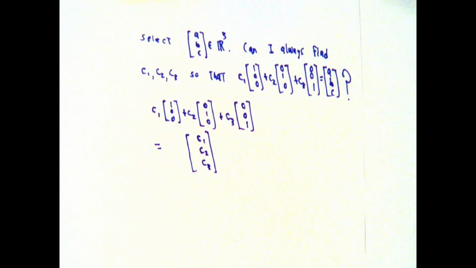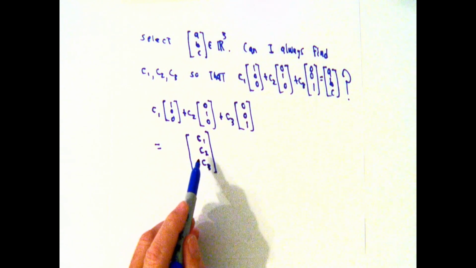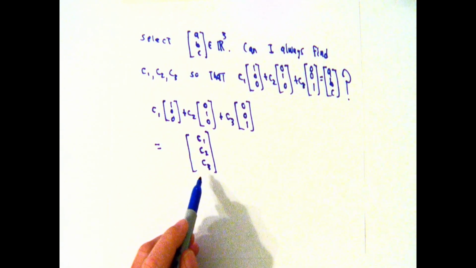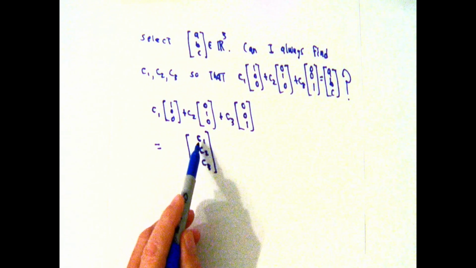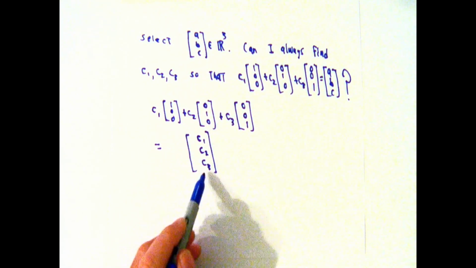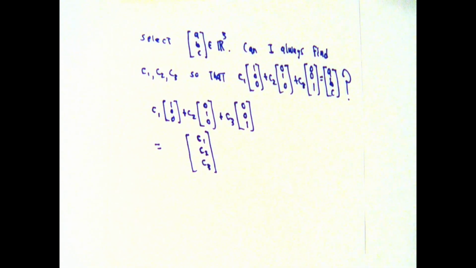Writing out the linear combination, I see that the answer that I'm going to get back is a column with 3 numbers in it. C1, C2, and C3 appear in the first, second, and third positions. This is because my basis vectors have so many zeros in them.